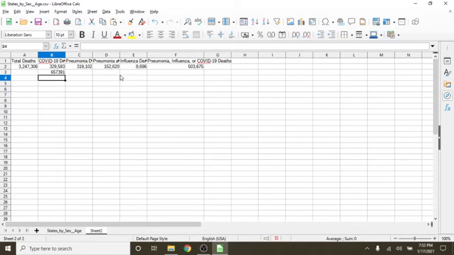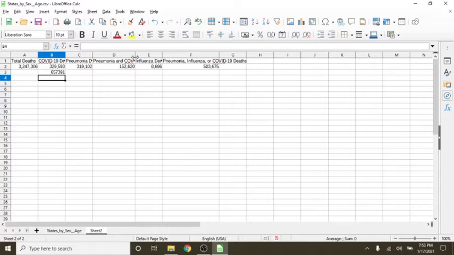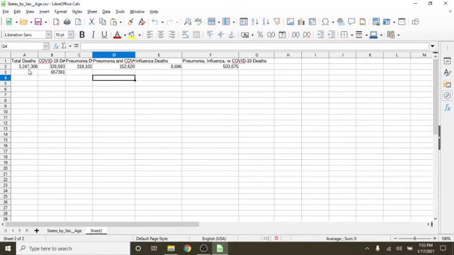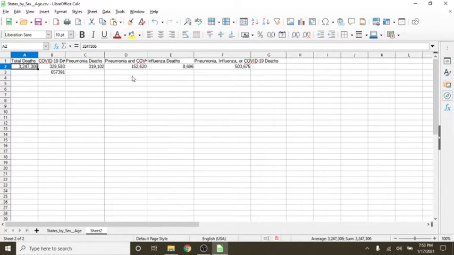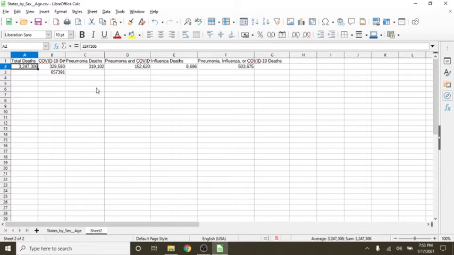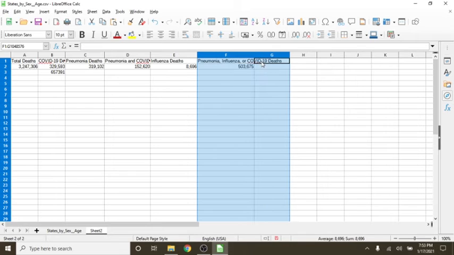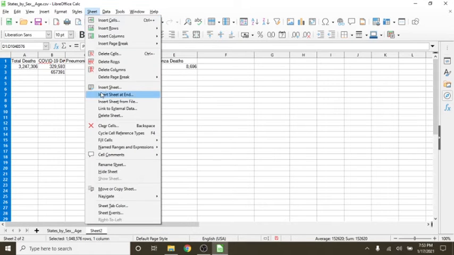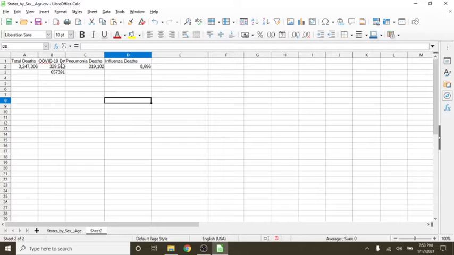Well, let's just do a calculation, shall we? So, how many total deaths? Let's go to these because we're only interested in individual columns.